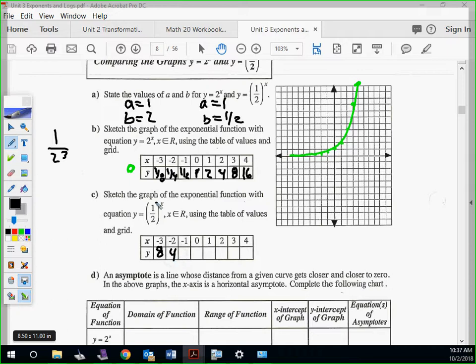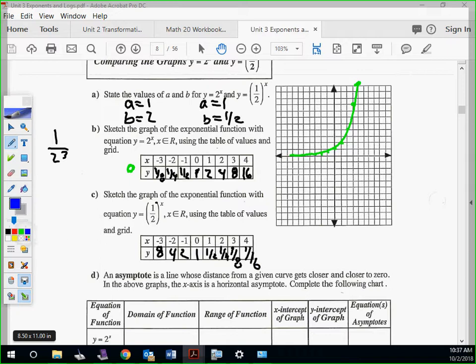Remember, if there's a negative up here, I can flip the fraction inside and make the exponent positive. That's what I'm talking about. So if I flip this, it's 2 over 1, 2 cubed is 8. Flip it, 2 squared is 4. Flip it, 2 to the 1 is 2. Anything to the 0 power is 1. And then now it's just 1/2, 1/4, 1/8, and then 1/16.